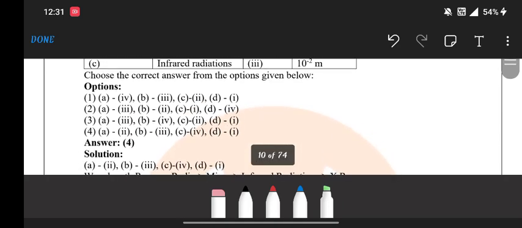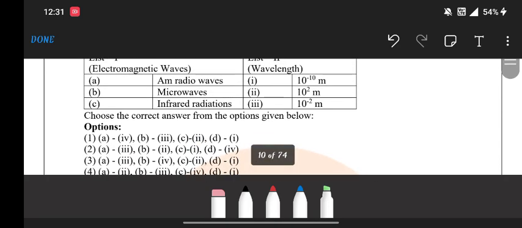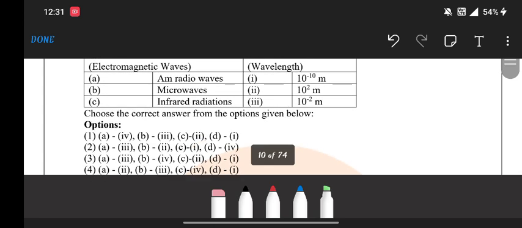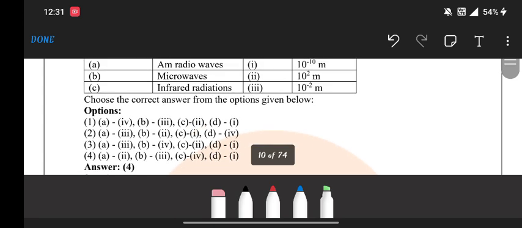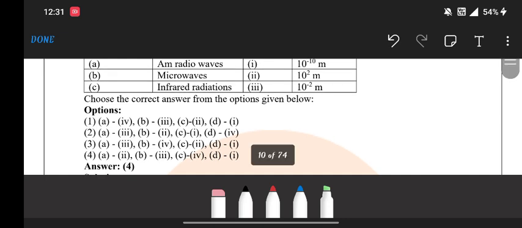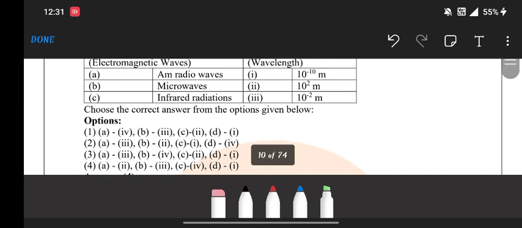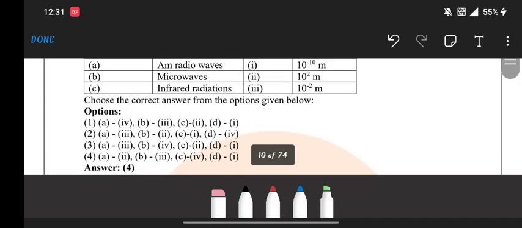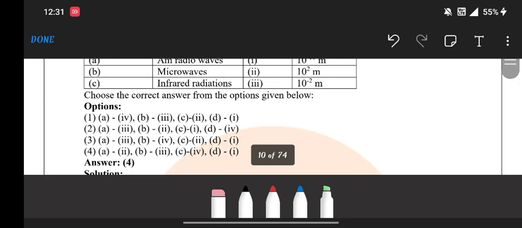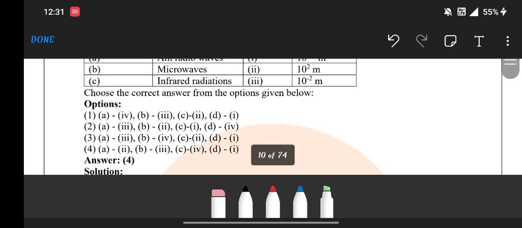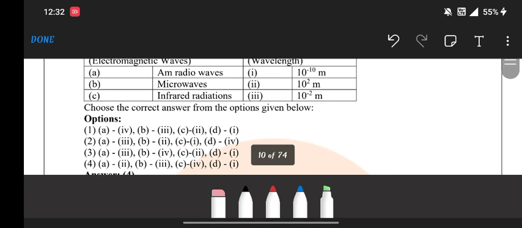So radio waves, it is 10 to the power 2 meter. Microwaves is smaller than that, that is 10 to the power minus 2 meter.